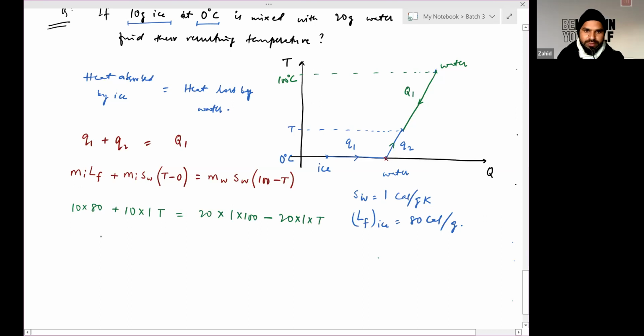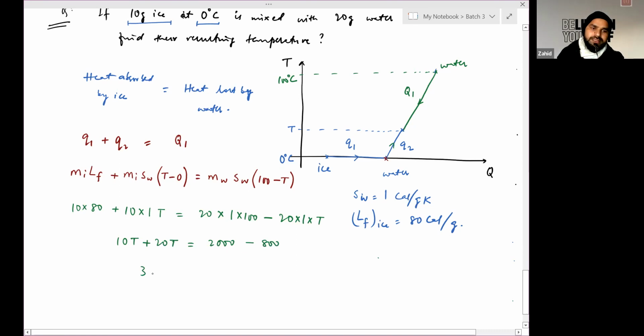Now move variable to one side and constant to one side. So it will be 10T plus 20T equals 20 into 100, which is 2000, minus 80 into 10, which is 800.